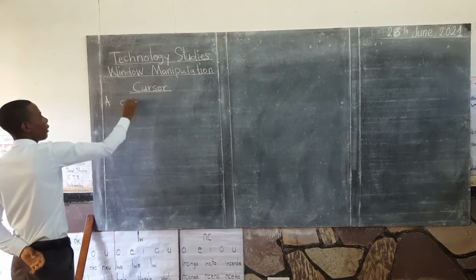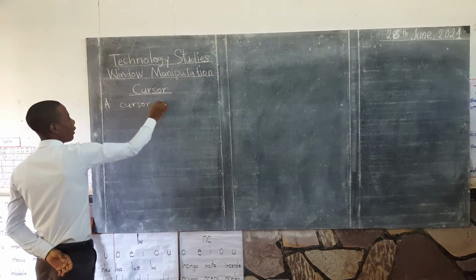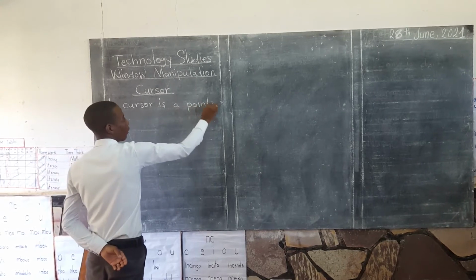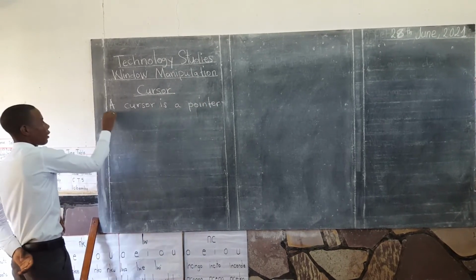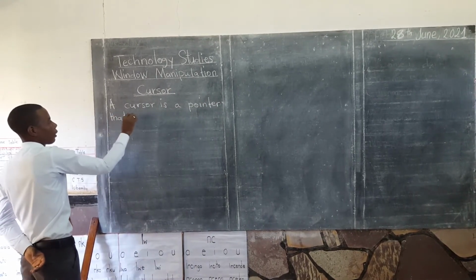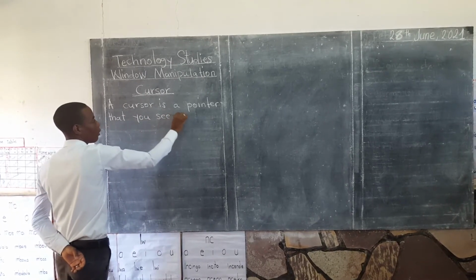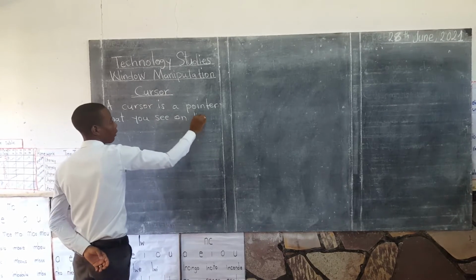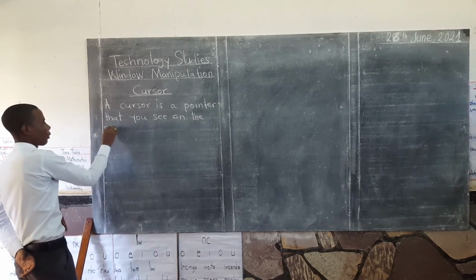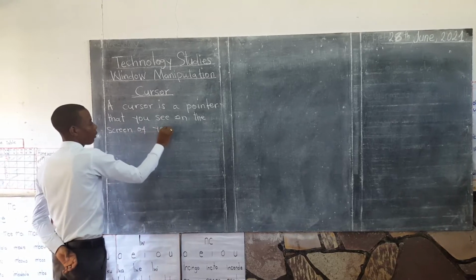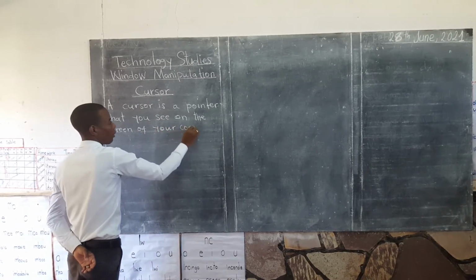So a cursor is a pointer that you see on the screen of your computer.